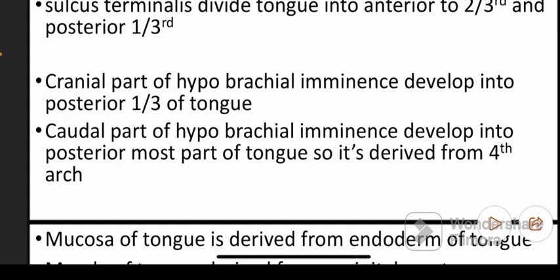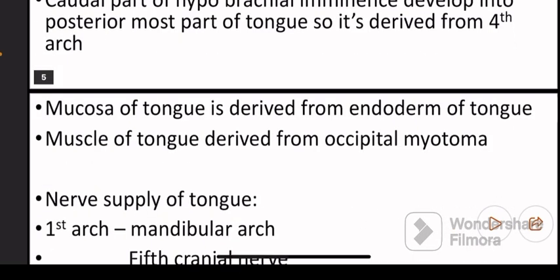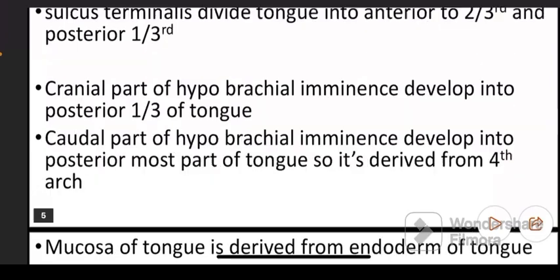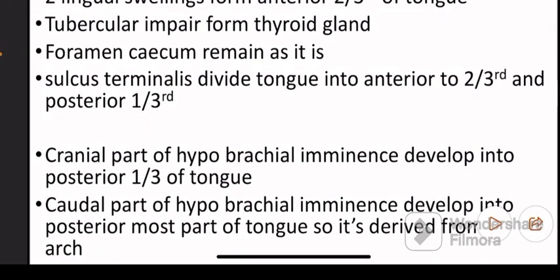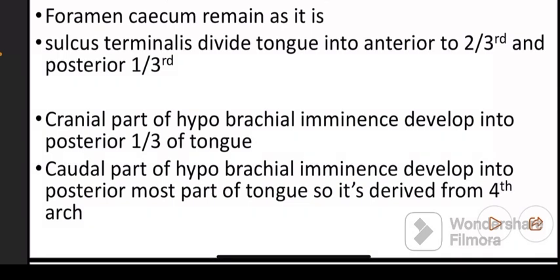So we know that the anterior two-thirds is developed from lingual swellings, the posterior one-third is developed from the cranial part, and the posterior-most is developed from the caudal part of hypobranchial eminence. It means that only two lingual swellings and one hypobranchial eminence take part in the formation of tongue.